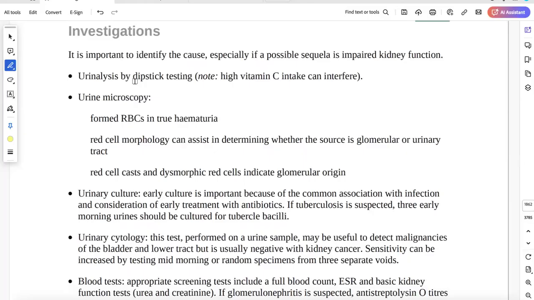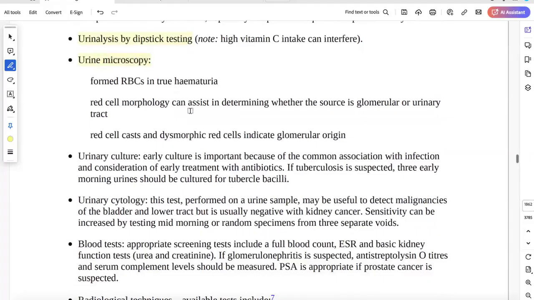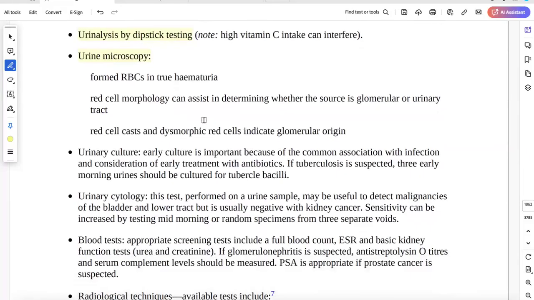The first thing is a dipstick, which you can do at the bedside. So you did a dipstick test and you found, yes, there are red blood cells. Then you send it to the lab for urine microscopy and culture. Urine microscopy will be able to confirm if it is red blood cells, and it can also say if there are any red cell casts or dysmorphic red cells, which will indicate it is coming from the kidney.